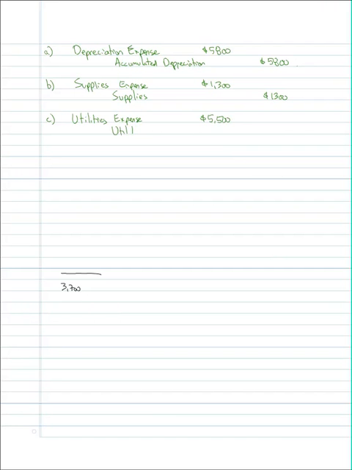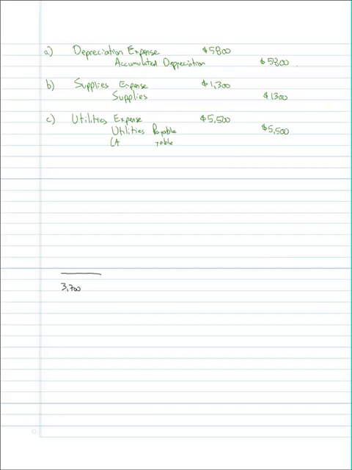But since we have not yet paid any of it, we have a liability. We owe the utility company $5,500, but we have not yet paid it. I've called this utilities payable.